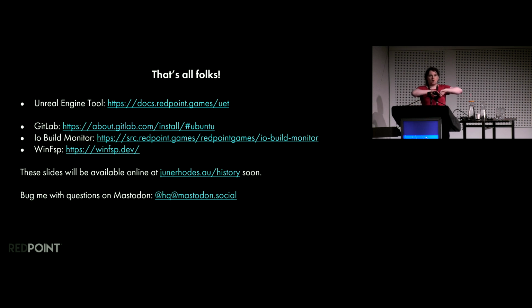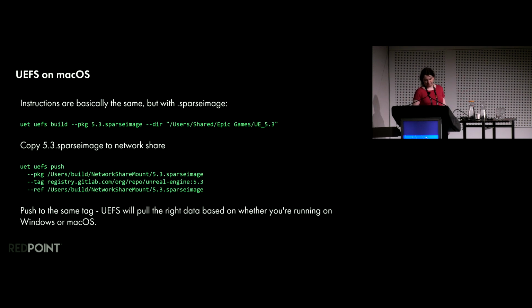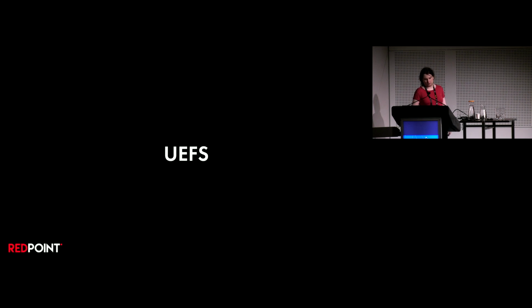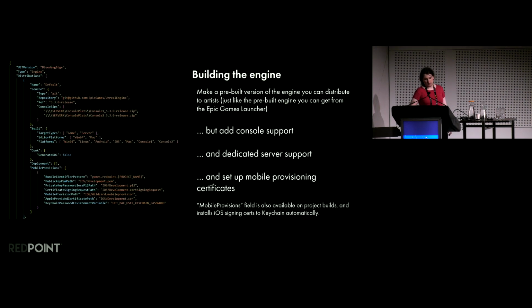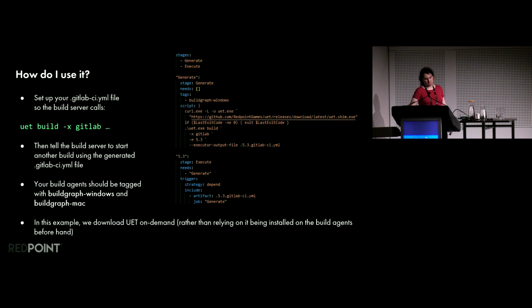You're just not going to get the part where all of the builds are split into individual jobs and distributed across multiple build machines. If you've just got one build machine, you don't need to build things in parallel. You can just use UAT build. Excellent. Cool, thanks.